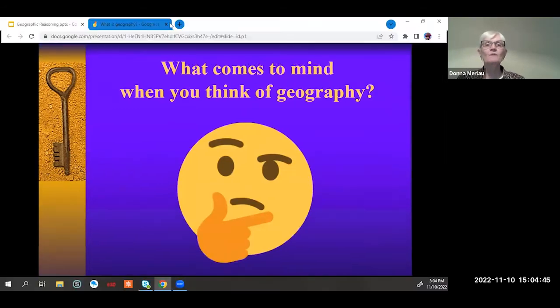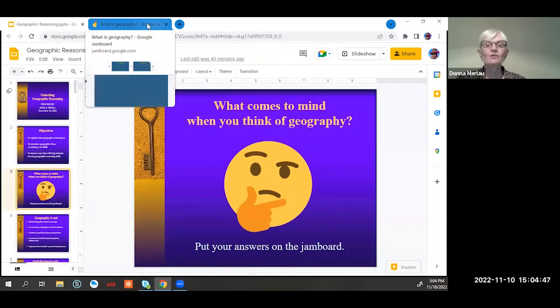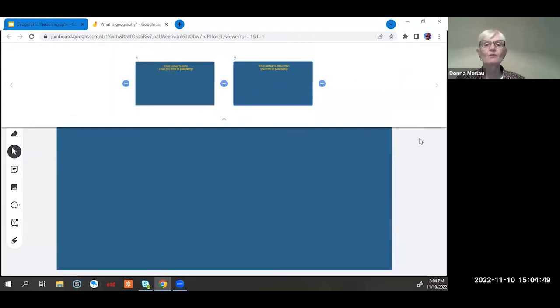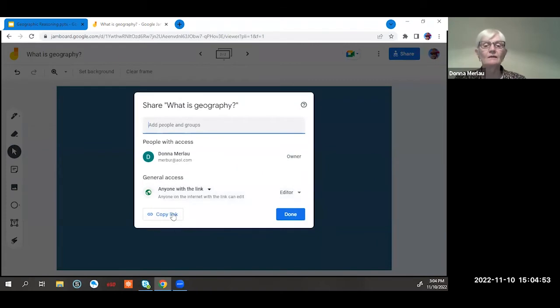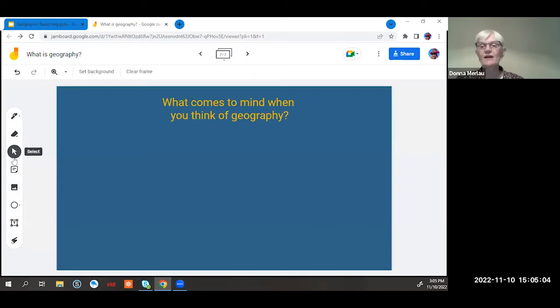So what comes to mind when you think of geographic reasoning? Greg is going to put in the chat a link for a Jamboard, and anything that comes to mind when you're thinking about geography, if you could put it on a Post-it note and put it on the page, that would be helpful.